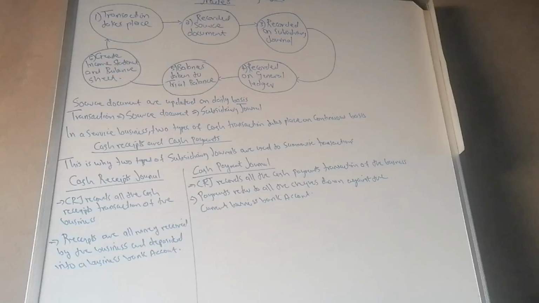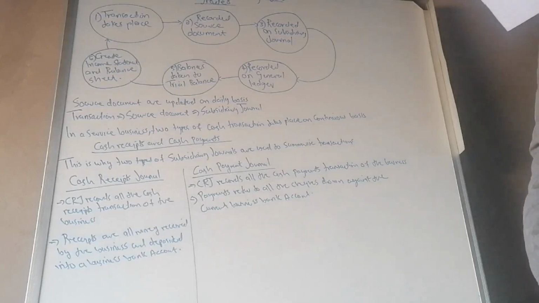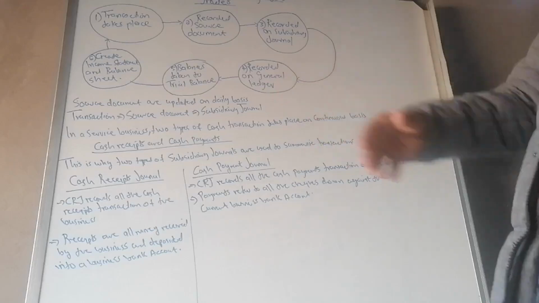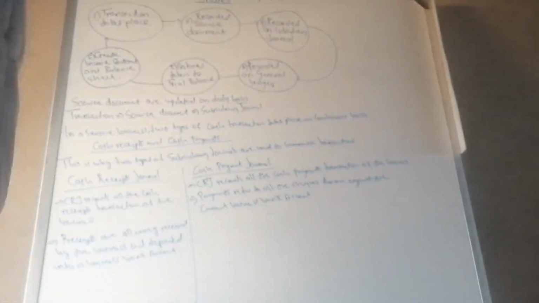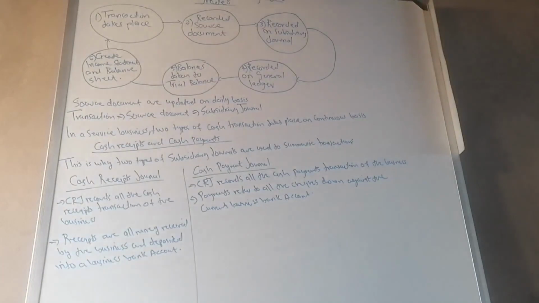A sole proprietor. Right, there are two types of businesses. Service business, where you offer services like hairdressing, in exchange for payment.